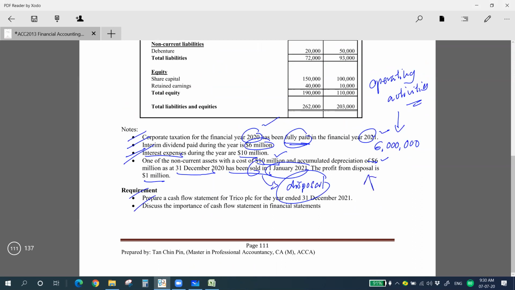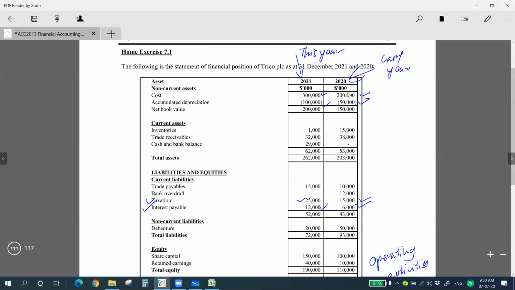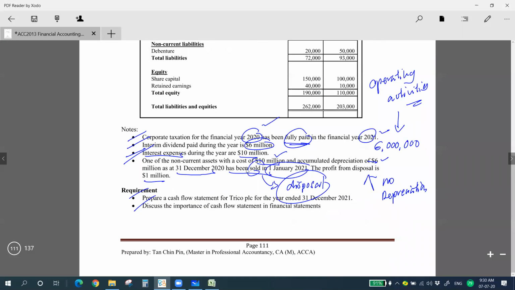It means what? It means no depreciation for this asset during the disposal. Why? Because the opening value as per 2020 December is 10 million and 6 million for the cost and accumulated depreciation.